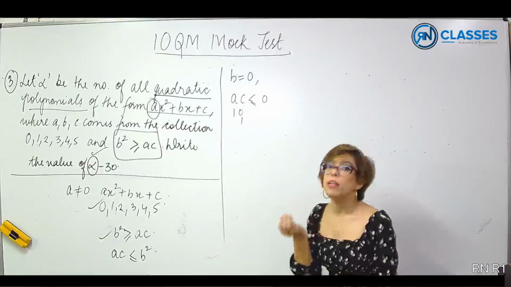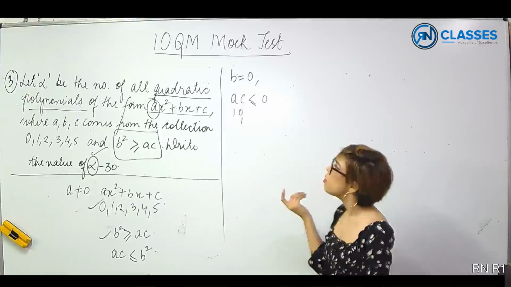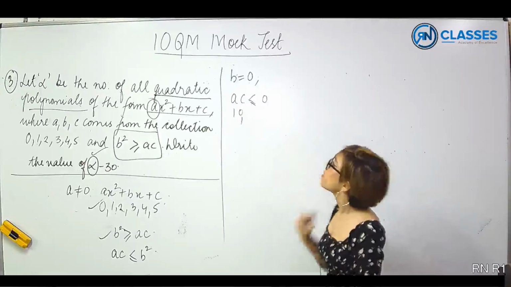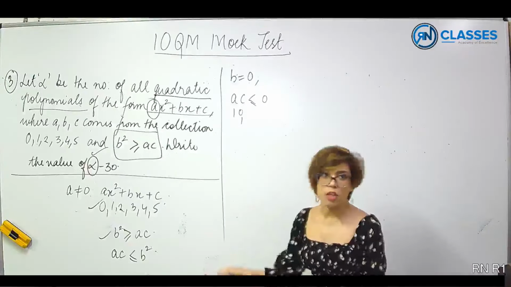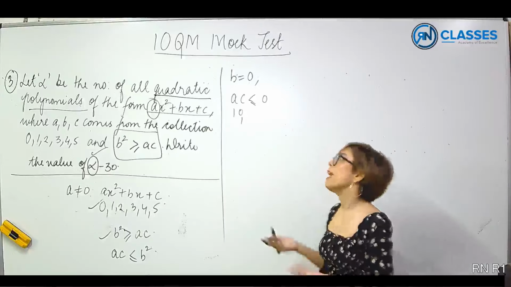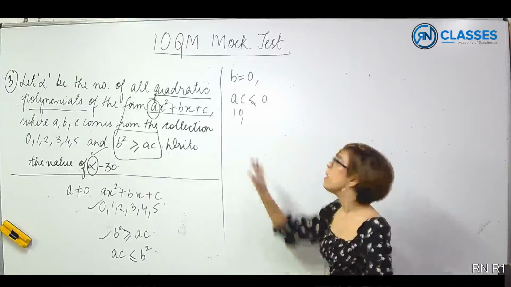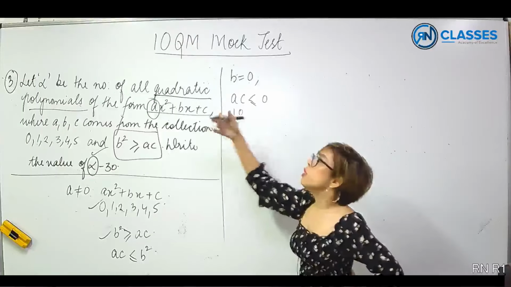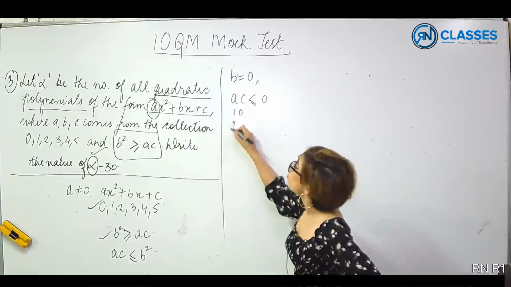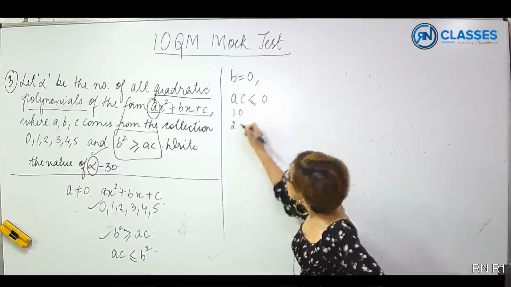That means the only value it can attain is 0. So the product of two quantities is 0, either a has to be 0 or c has to be 0. a cannot be 0, so c has to be 0. Now, a equal to 1 is exhausted. Now, a is equal to 2. We can take that. Now, c has to be 0.